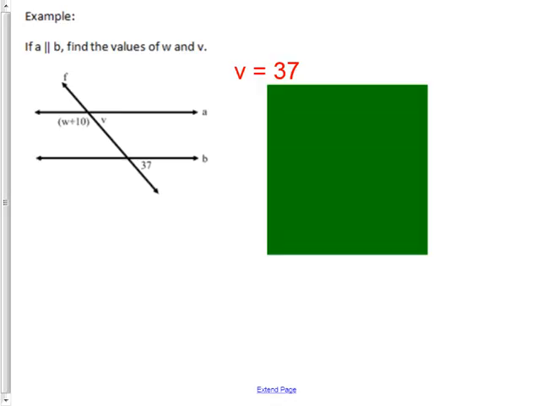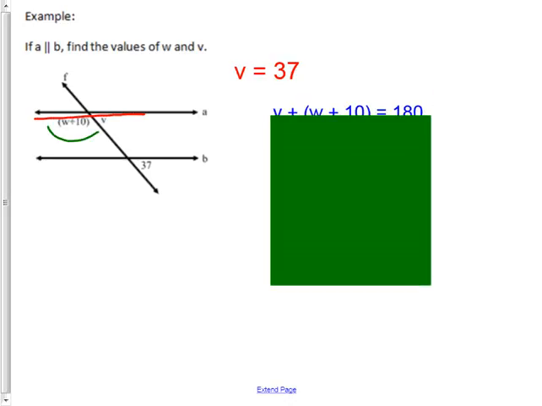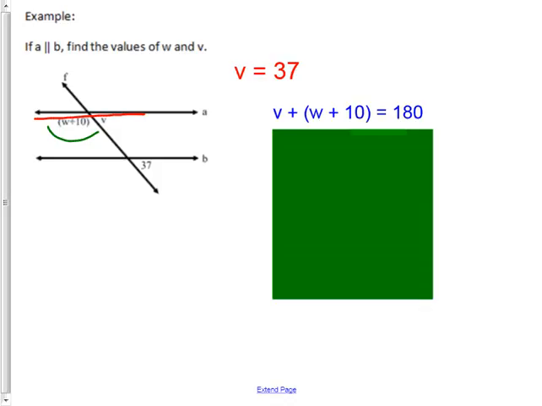So if V equals 37, what can we say about W then? Well, V and W lie on this same line, so they are a linear pair. So we know that V plus W plus 10 have to equal 180. Again, they're a linear pair, so they are supplementary.